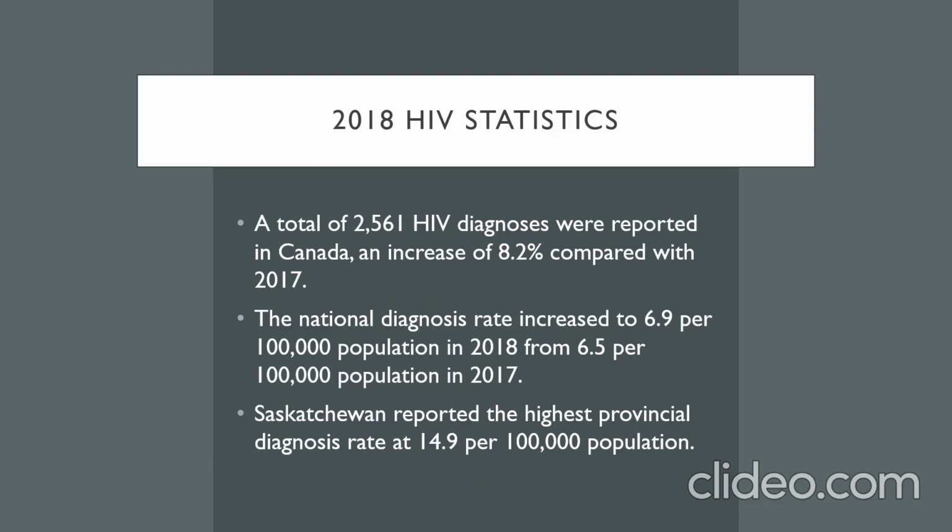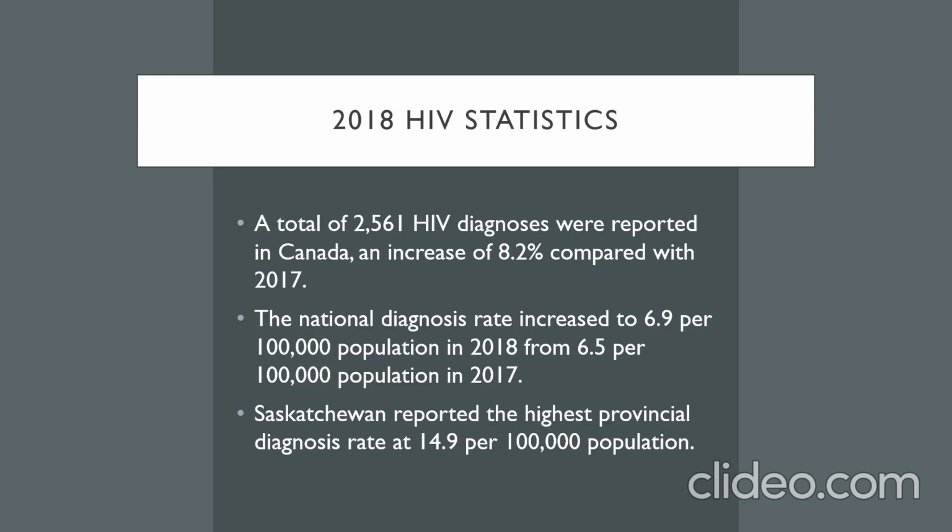Look at the statistics. In 2018, a total of 2,561 HIV diagnoses were reported in Canada, and that was an increase of 8.2% compared with 2017. What's worse, the national diagnosis rate increased to 6.9 per 100,000 population in 2018 compared with only 6.5 in 2017.